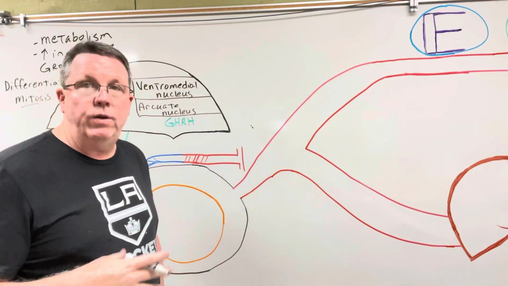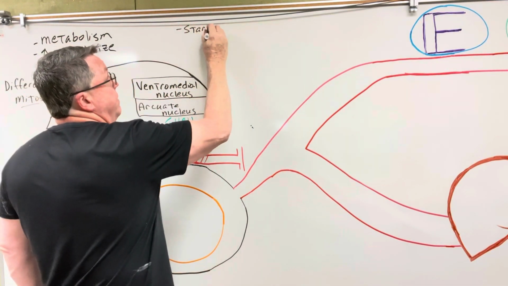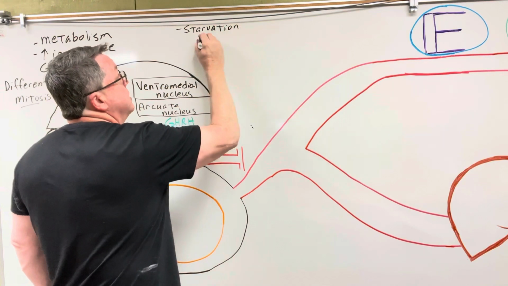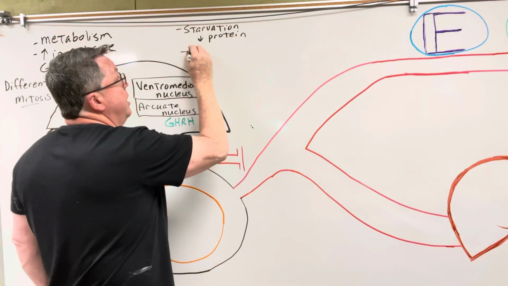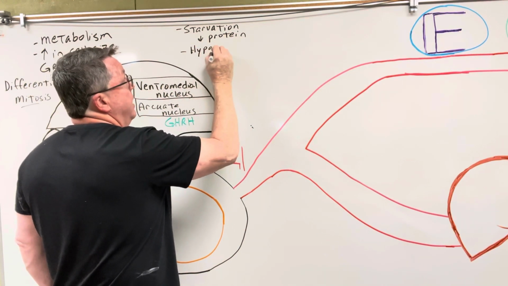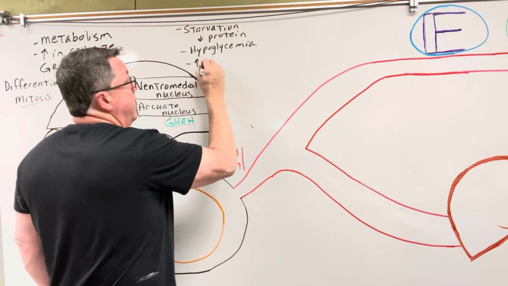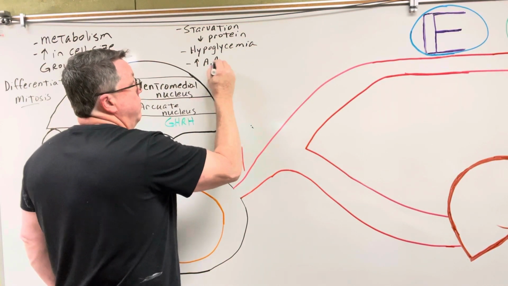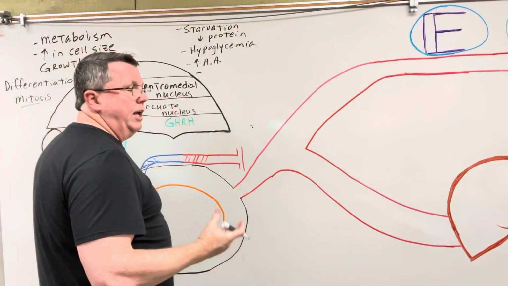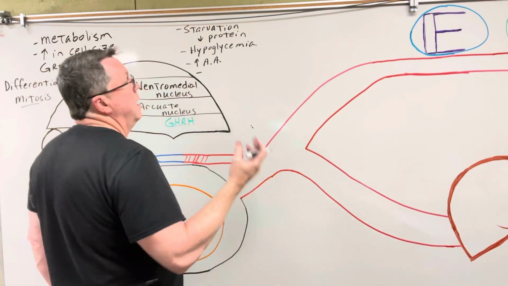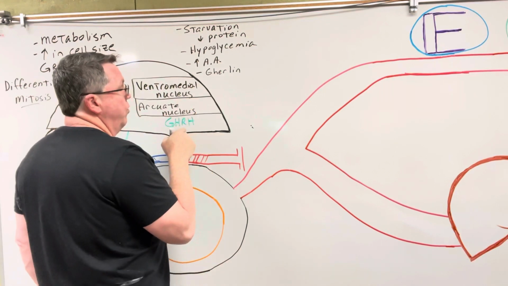Now, when do they secrete growth hormone releasing hormone? Well, they'll do it in times of starvation, especially if there's a big decrease in proteins in the blood. They'll do it when someone's suffering from hypoglycemia. They'll do it when there's an increase in amino acids. There's also a hormone released from the stomach called ghrelin, just before you're about to eat, and this also causes an increase in growth hormone releasing hormone.